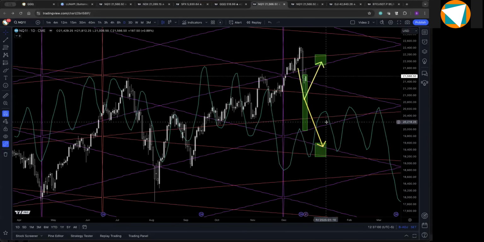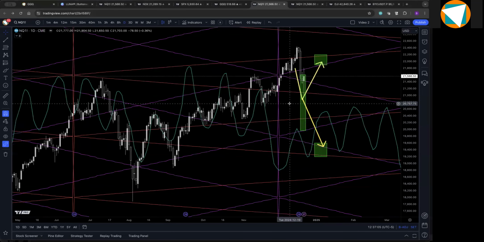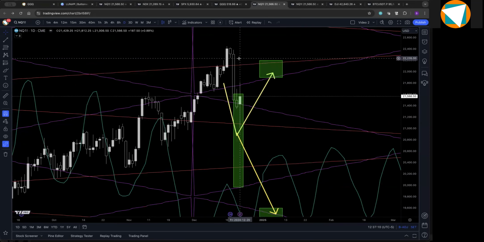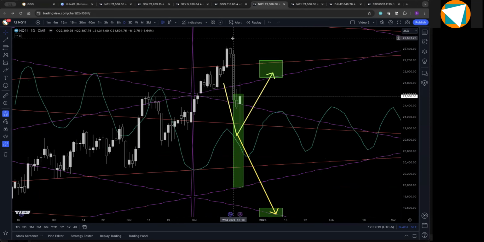This is where we left things off. We were forecasting a move down in large part based on the opposition of the transiting nodes to the natal nodes. That resulted in a very significant sell-off on Wednesday, FOMC day, and subsequent volatility. The market is still uncertain in terms of direction right here.